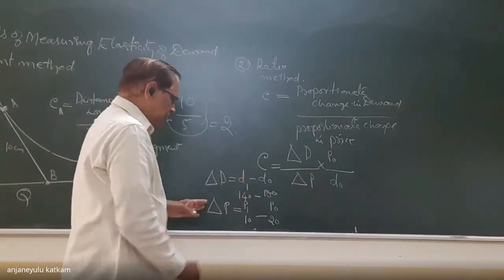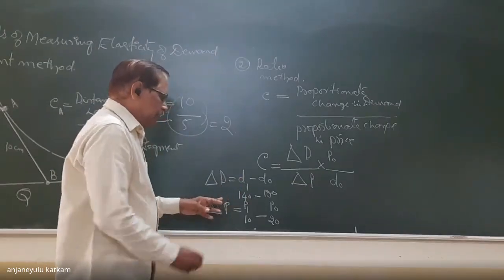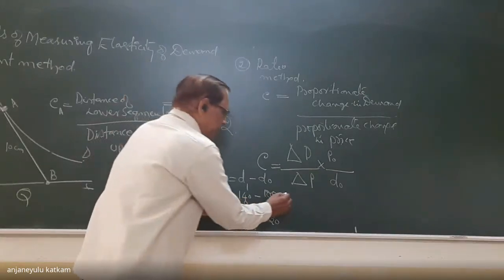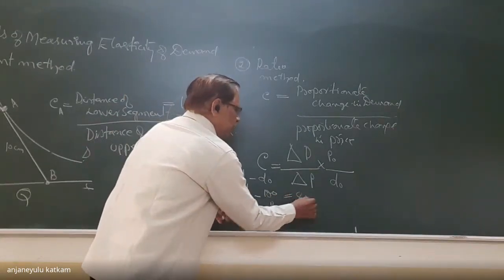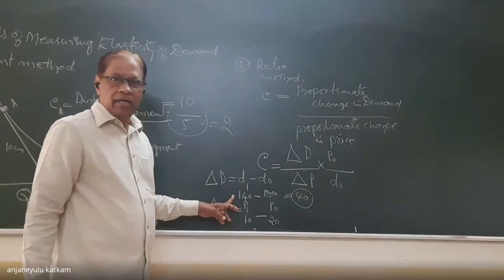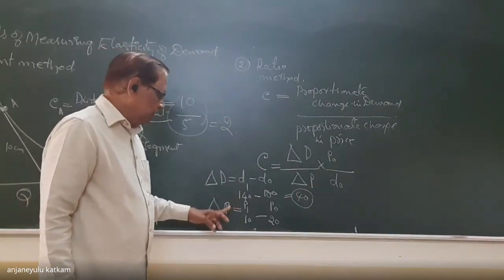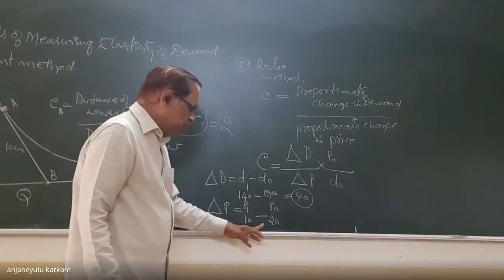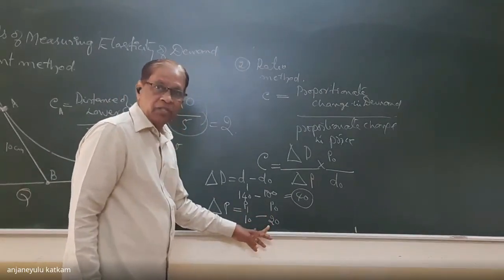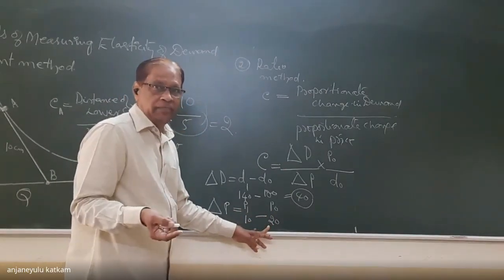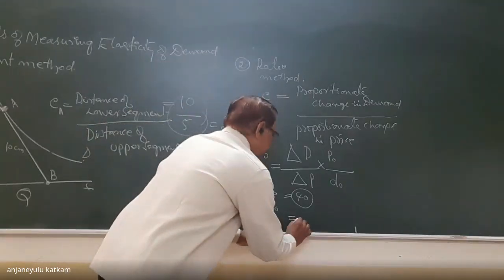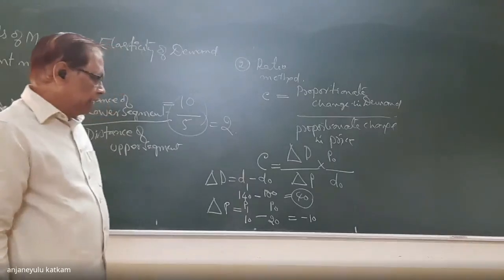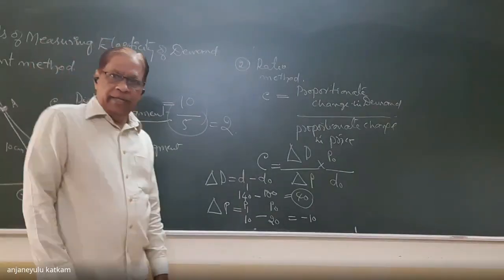Here in this case, delta D, that is D1 minus D0, that is 140 minus 100, equal to 40. Delta D is 40. Delta P, that is P1 minus P0, is 10 minus 20, which is minus 10. Delta D is 40.